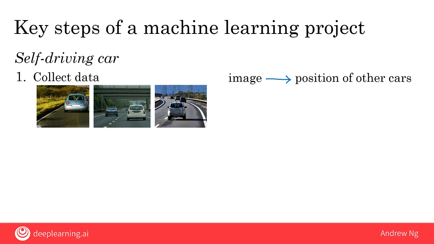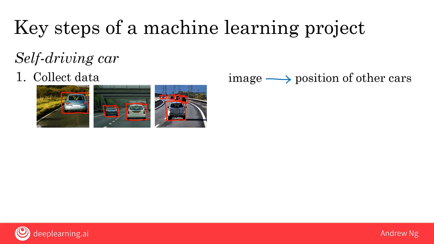These are the inputs A to the machine learning algorithm. You need to also tell it what is the output B you would want. And so for each of these pictures, you would draw a rectangle around the cars in the picture that you wanted to detect. And on this slide, I'm hand drawing these rectangles, but in practice, you would use some software that lets you draw perfect rectangles rather than these hand-drawn ones.